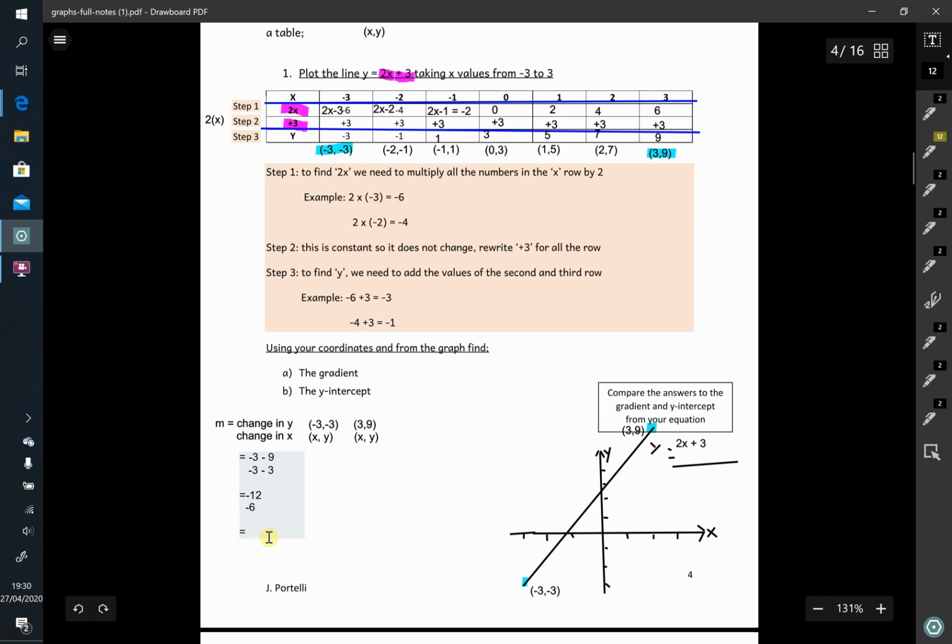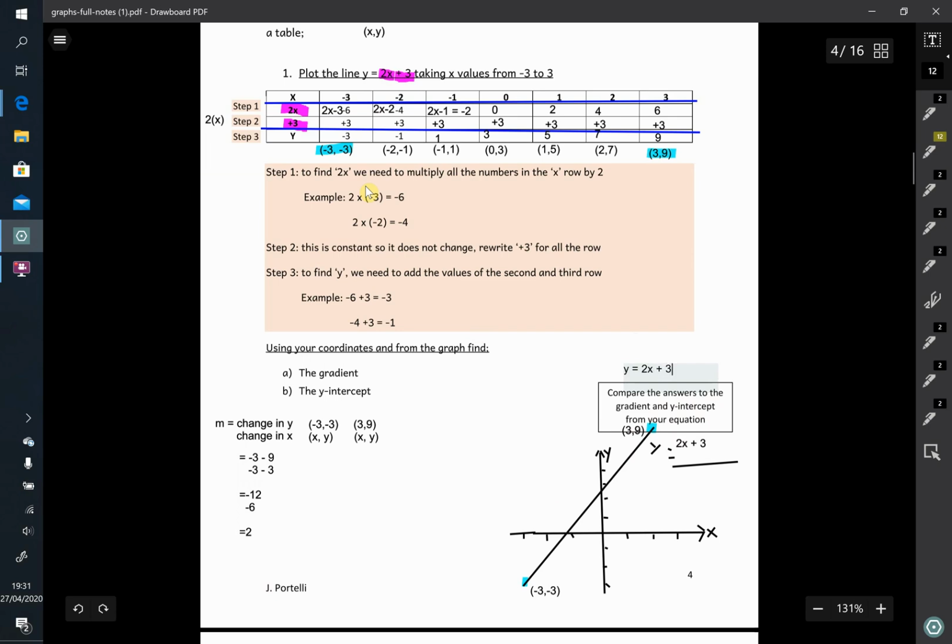Minus and minus, plus. 6 into 12 is 2. And you have a small note at the side: compare the answers to the gradient and y-intercept from your equation. So what was your equation? Your equation was y equals 2x plus 3.